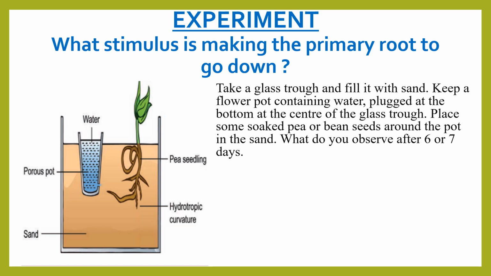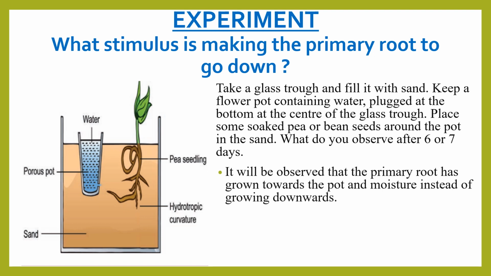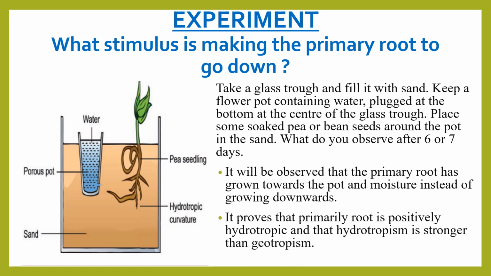What do you observe after 6 or 7 days? It will be observed that the primary root has grown towards the pot and moisture instead of growing downwards. It proves that the primary root is positively hydrotropic and that hydrotropism is stronger than geotropism.